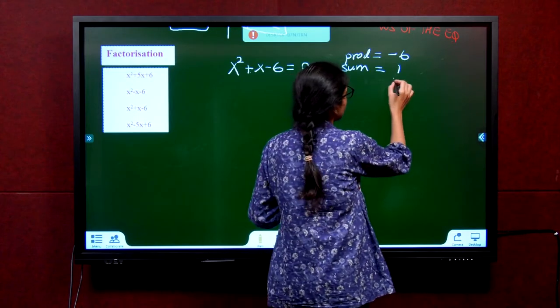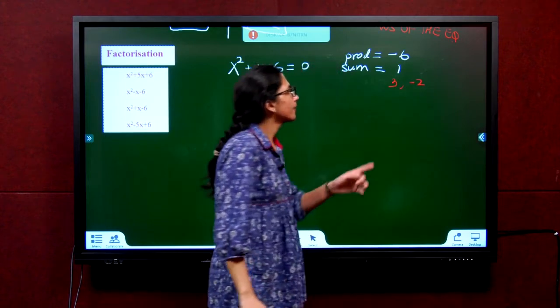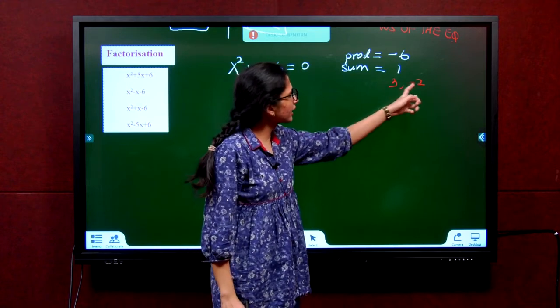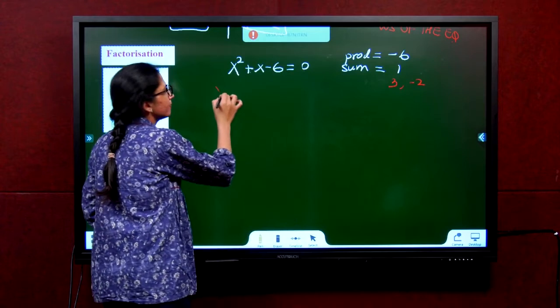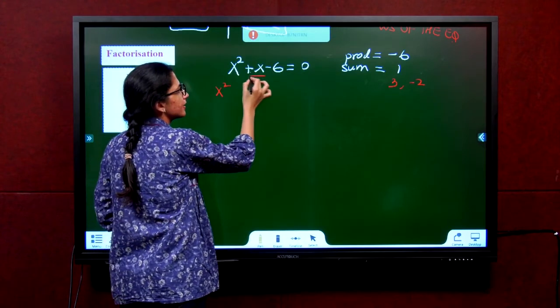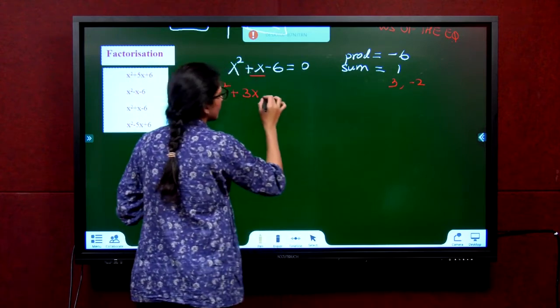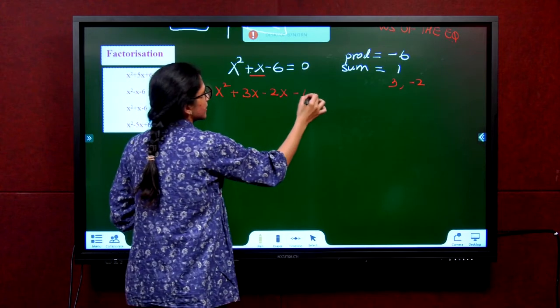See which one satisfies it. 3 minus 2, 1. Yes? 3 into minus 2, minus 6. Satisfied. So I will split this middle term as plus 3x because there is 3, minus 2x because there is minus 2, minus 6.